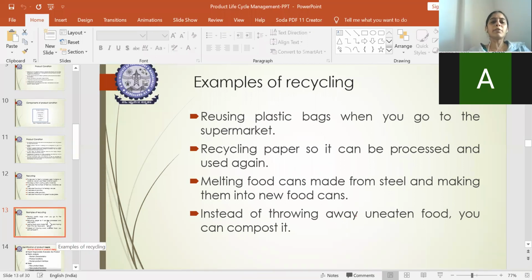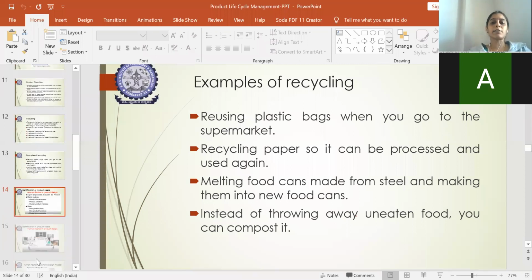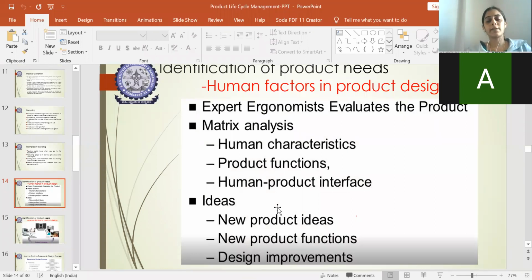So this was about the recycling. So until now we understood the design assessment model, the strategies involved in recovery, and the concept associated with recycling of a product. And next you should understand what are the human factors associated in a product design. So product design mainly plays a vital role with human beings.